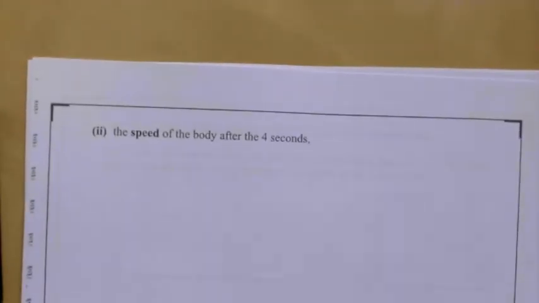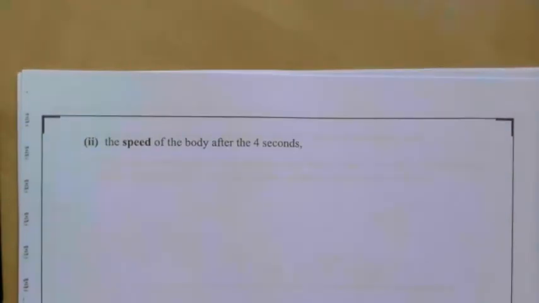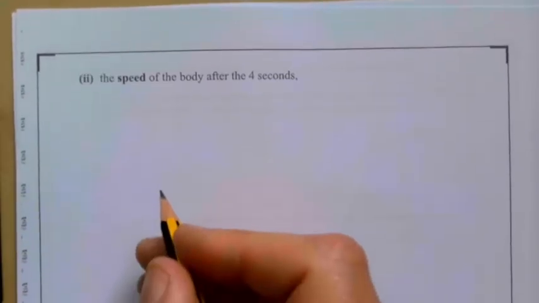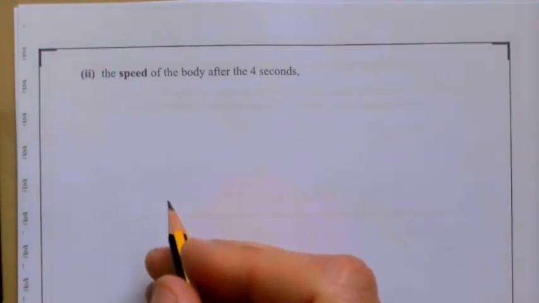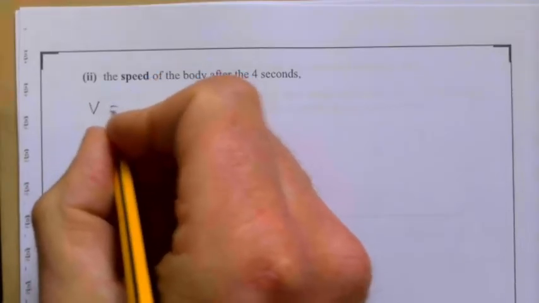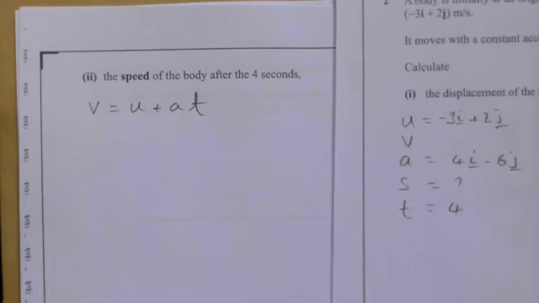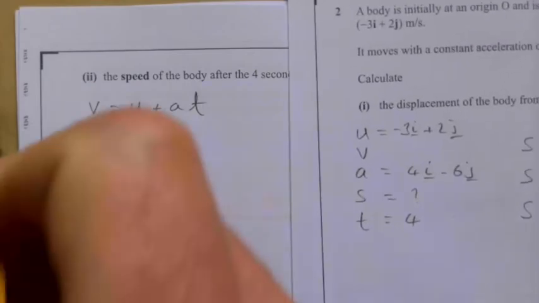The speed of the body after 4 seconds, and note the underlined speed. So we're going to work out velocity. That will be in vector form, and then we'll do Pythagoras to work out what we have. So we're going to use v equals u plus at. If I bring the previous page back, you can see the information that we have.